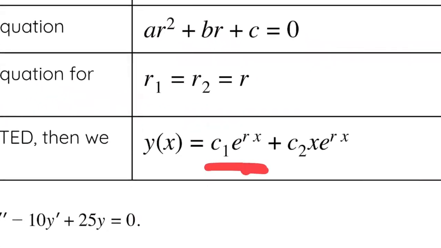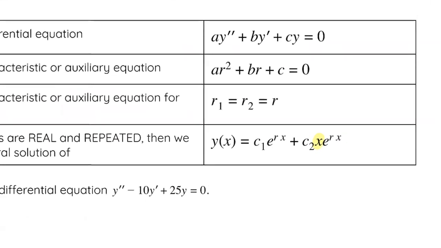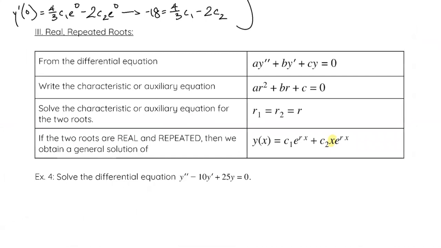This part is exactly the same as when the roots are different. That x is the one thing that makes it different from the distinct root case. All right, so let's make sure we are aware of that. That is the one thing that makes it different from the real distinct case.